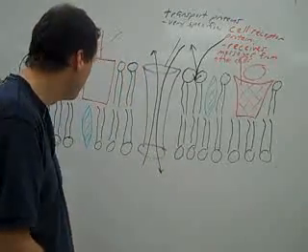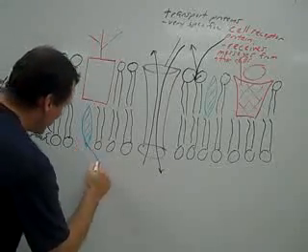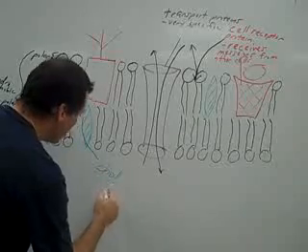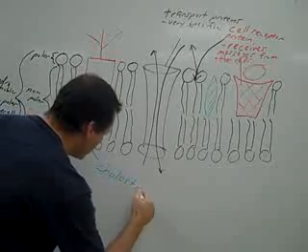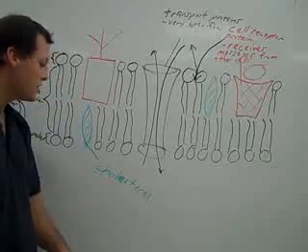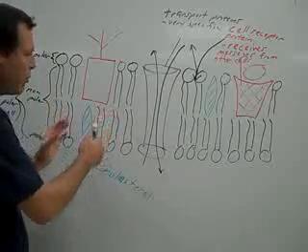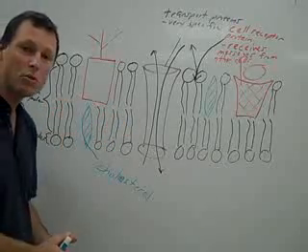Now let's move on to this structure right here. This is going to be cholesterol. So let's go ahead and write cholesterol. Cholesterol is a fat, but a very important fat, especially in animal cell membranes.